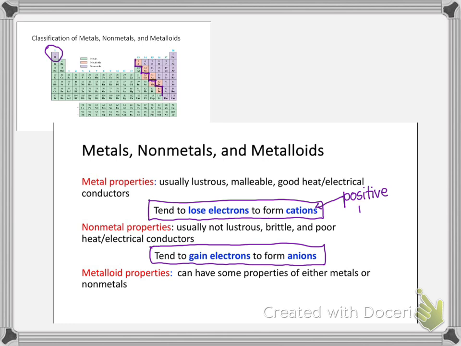Remember, an ion is something that has charge, and our charge can be positive or negative. Nonmetals like to gain electrons, and we'll learn why this would be, but right now we're just thinking about nonmetals wanting to gain electrons, and when you gain electrons, you form anions, and that's a negative ion.